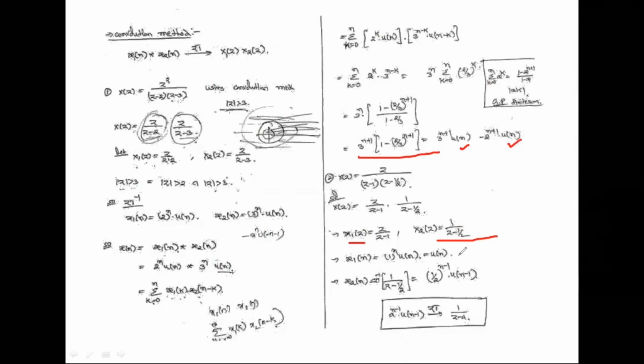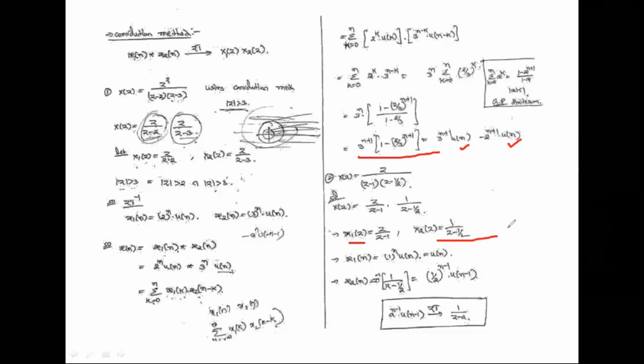When it is z by z minus a, then only we have a power n mu of n. But the inverse z transform of 1 by z minus a is (1/2) whole power n minus 1 mu of n minus 1, which is shifted by one sample towards the right side.